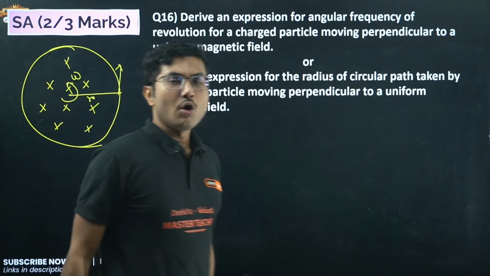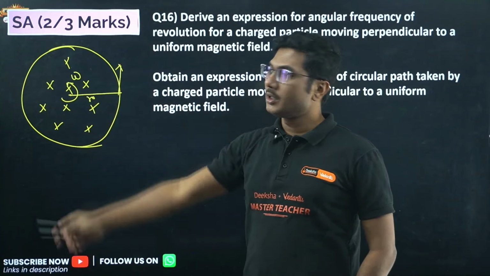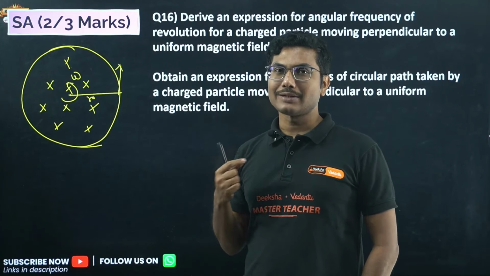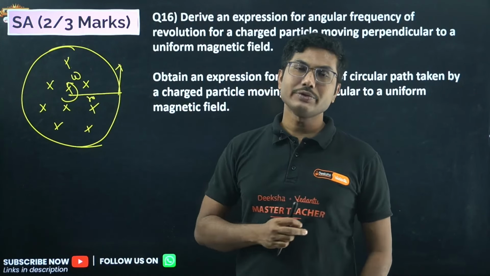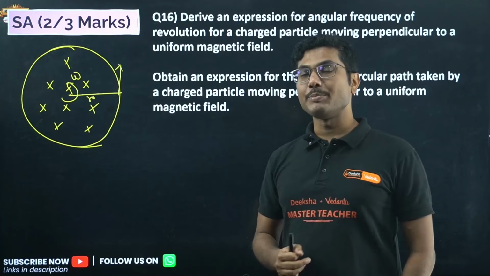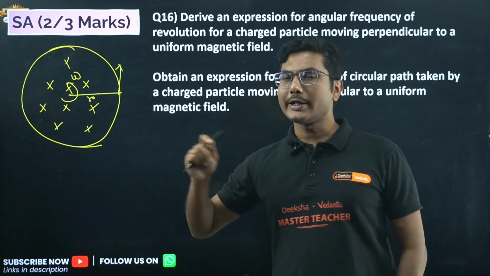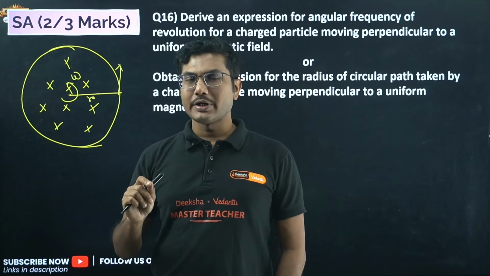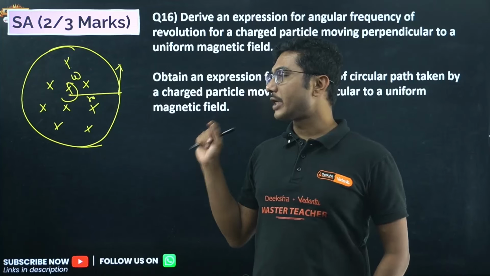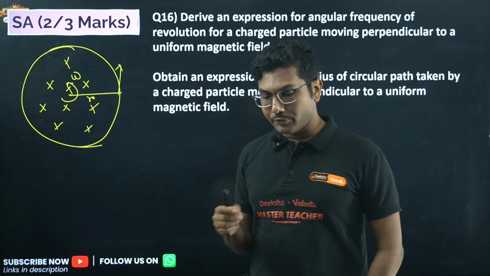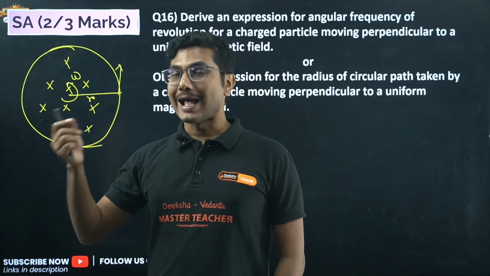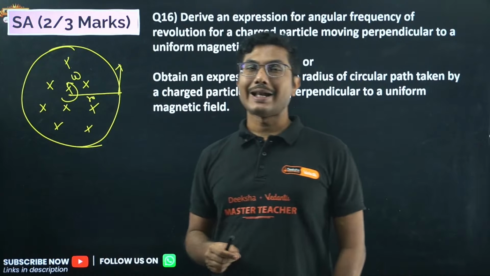Whenever there is a circular motion, there is a force that acts on the system. That force is called centripetal force. No matter what type of circular motion, centripetal force has to be there. Centripetal force is not a natural force. It has to be provided by some other natural force.